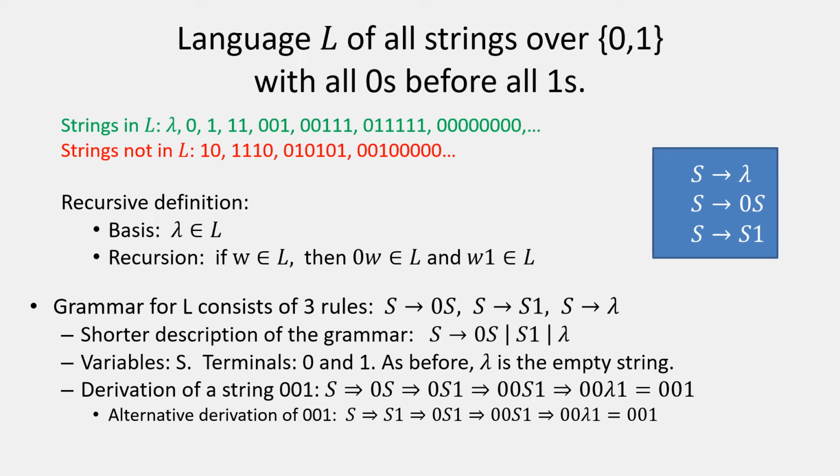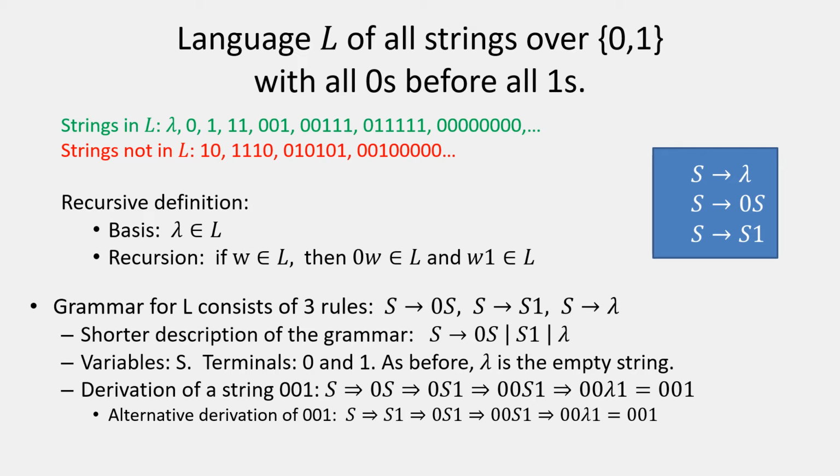So you say, if I have my variable S standing in for a string, then a 0 followed by a string in my language should be in my language, okay? And also 0, then a string in my language, then 1 should be there.